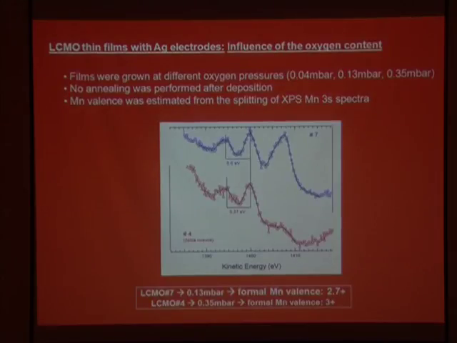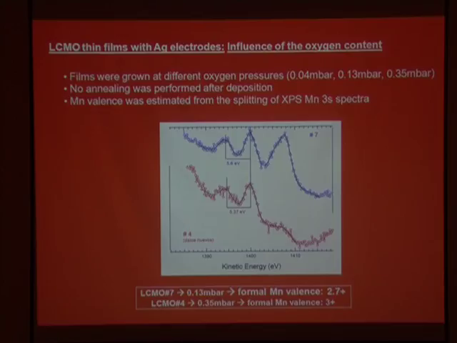And the next step was to study the influence of the oxygen content of the films on the electrical properties. For that, it is good to quantify the oxygen deficiency of the films, which is directly correlated with the manganese valence.